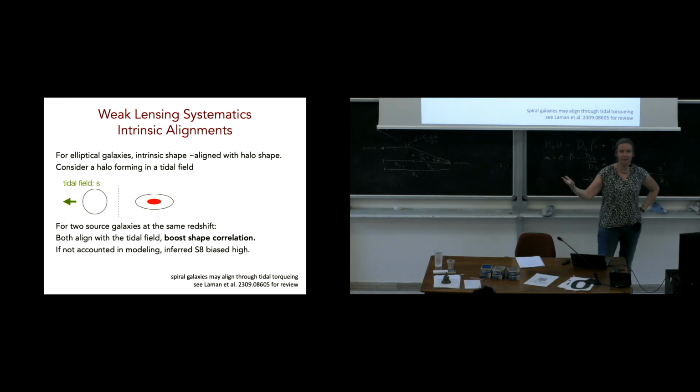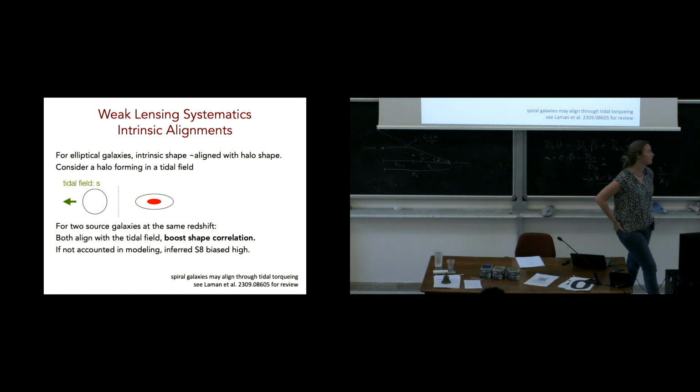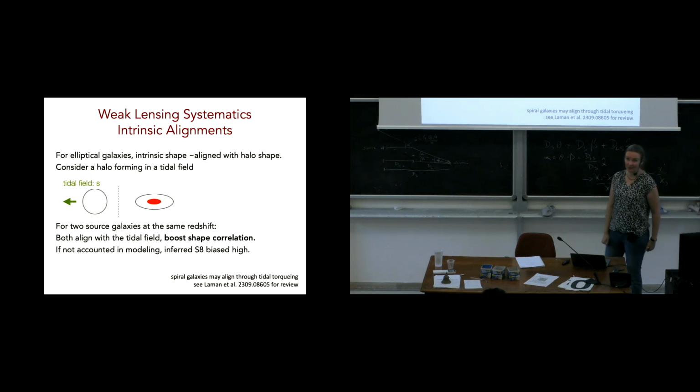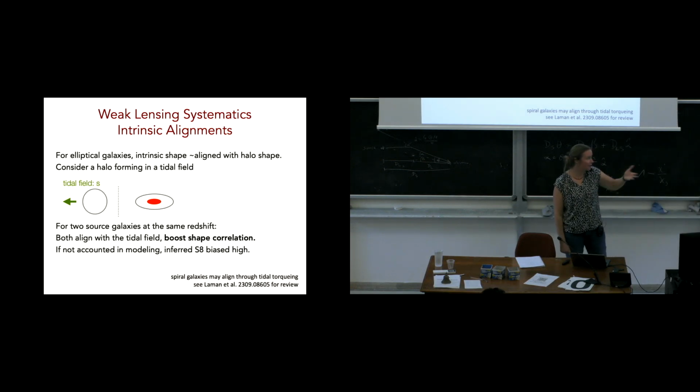So that means that the intrinsic shapes of our elliptical galaxies align with the tidal field. And for two sources at the same redshift, that would mean that they would boost the shape correlation. If we only had sources at the same redshift, that would mean that we inferred it as too high.